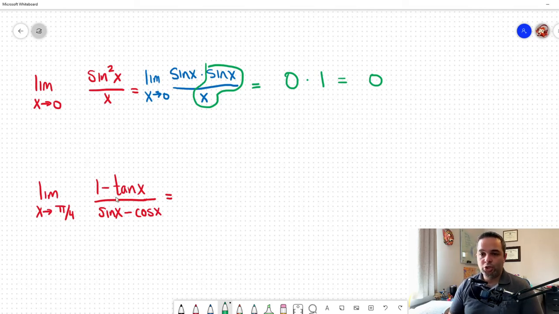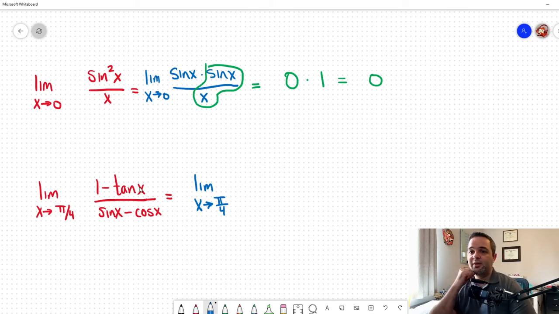Well, we could start by getting rid of one trig function, because right now I have 3 different trig functions, but I know I can rewrite tangent as sine over cosine. So that's where I'm going to start with trying to simplify this. I know that if you were to directly substitute pi over 4 in here, you would get that 0 over 0 indeterminate form.